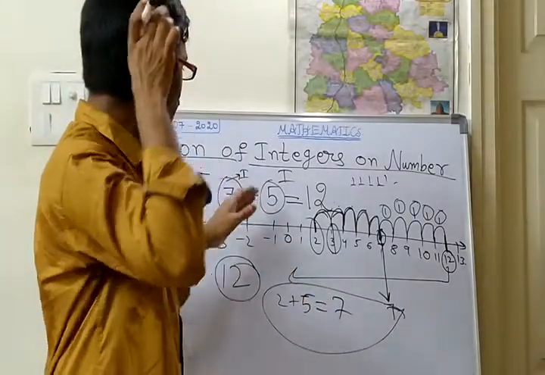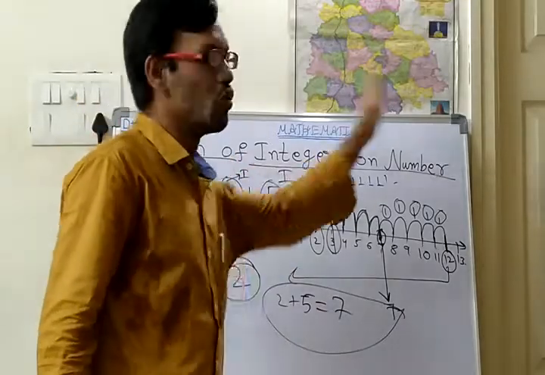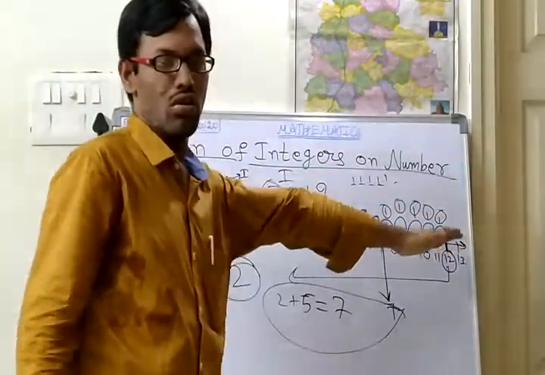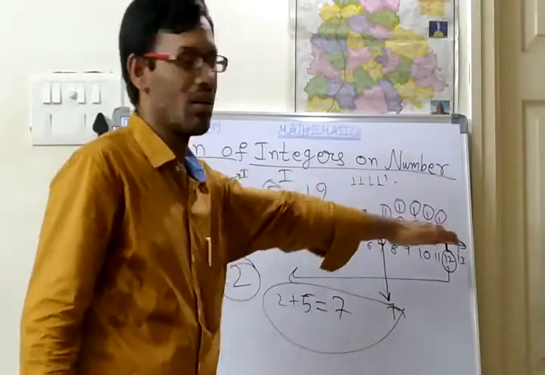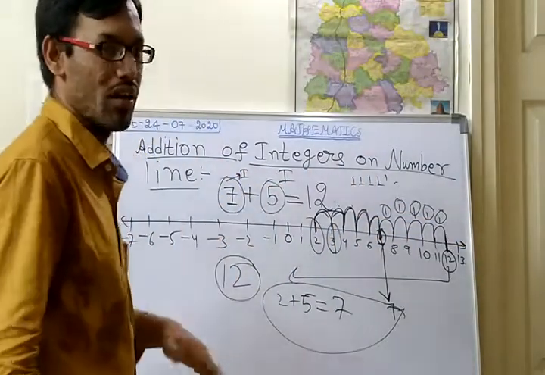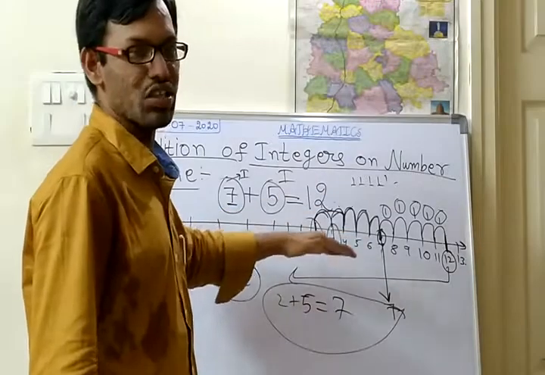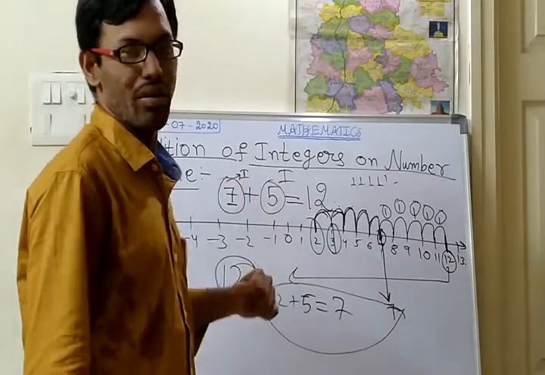Whenever you are adding one integer to another integer, the number will move forward. We should move to the right side of the target number. That is what we learn in addition of integers on the number line.